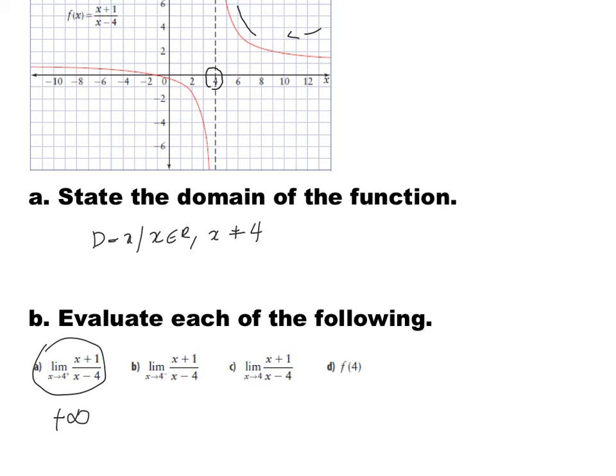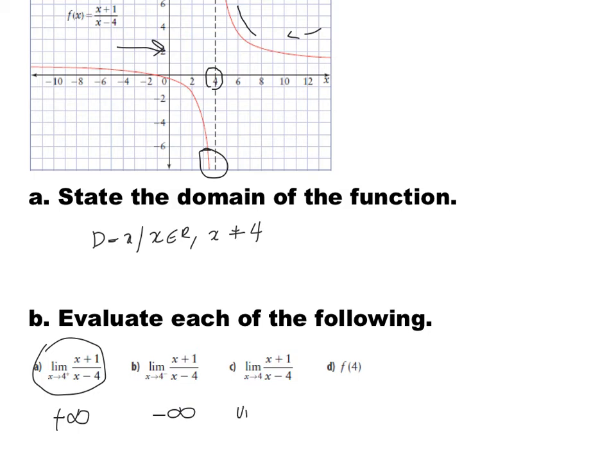When x goes to 4 from left, meaning this way, this means that the function goes to minus infinity. When x goes to 4, the limit of the function does not exist because the left and right limits are not equal.